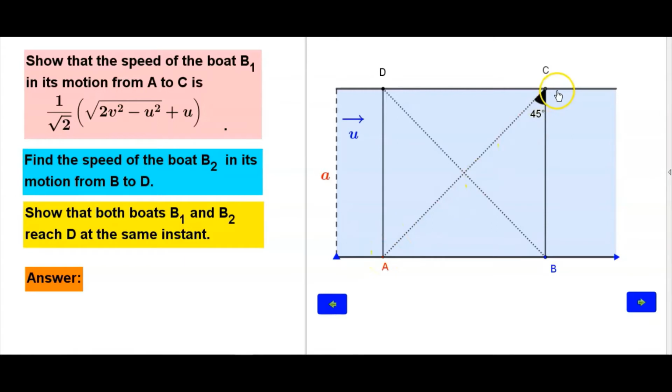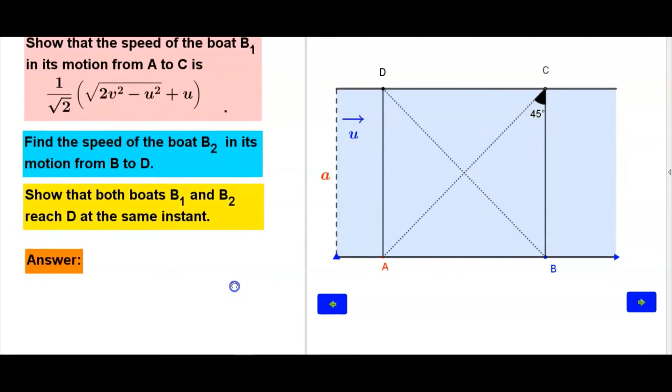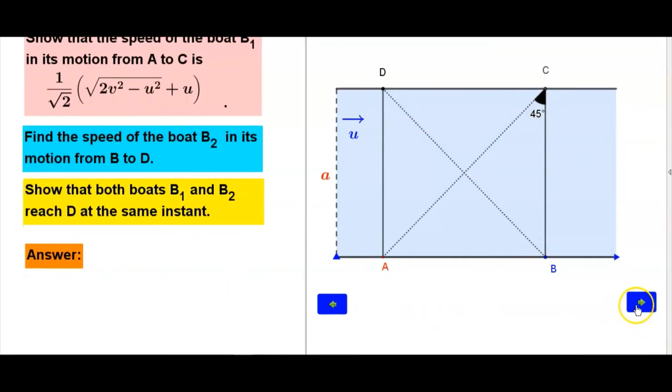These are the diagonals, therefore this is 45 degrees. Now, two boats start from A, B1 and B2. Just observe the motion.